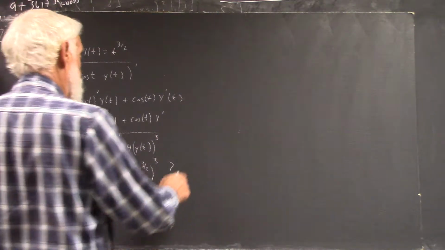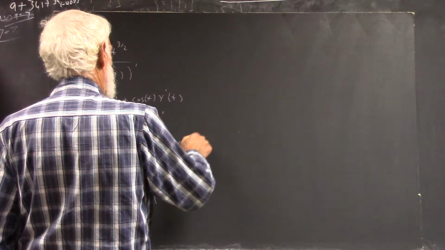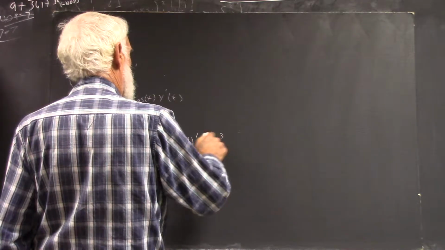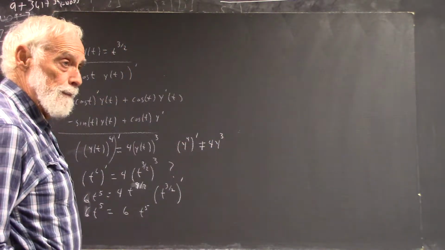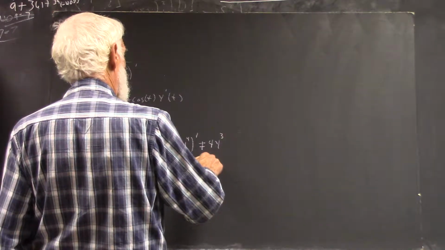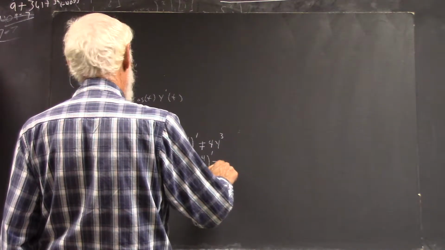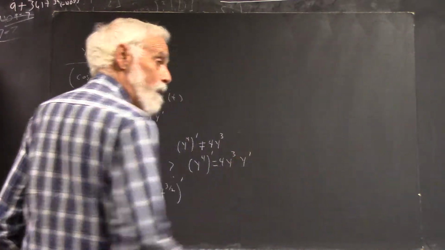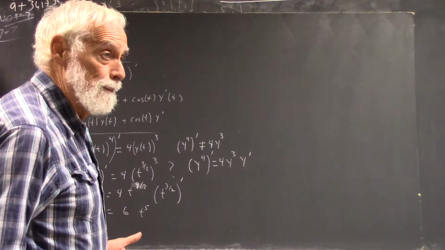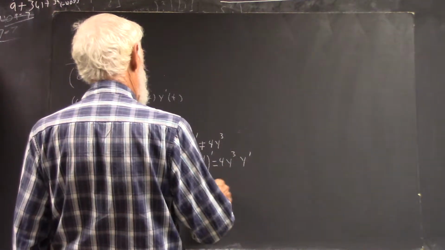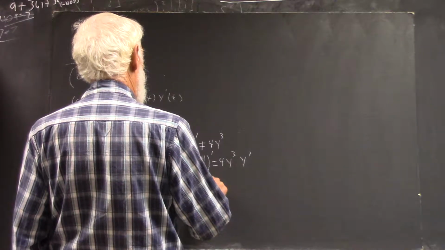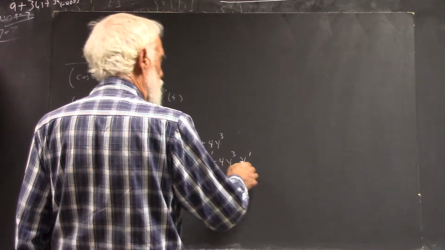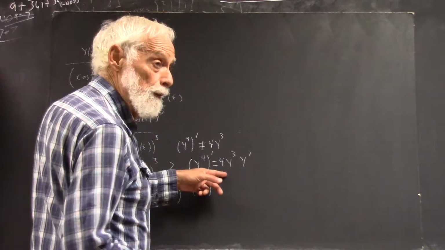So what I'm saying here then is that y to the 4th prime is not equal to 4y to the 3rd when the prime is derivative with respect to t. Y to the 4th prime equals 4y cubed, that's fine, times y prime, by the chain rule. And you could also say that y to the fourth, y is the inner function of this derivative.